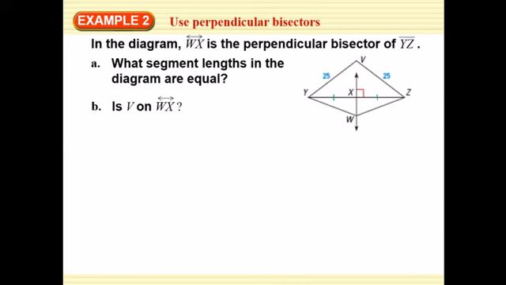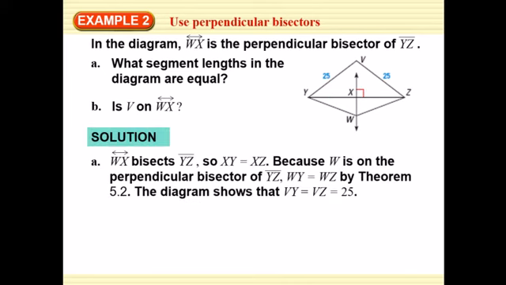So I've got some segment lengths that should be equal since I have a perpendicular bisector. WX bisects YZ, so we know that XY is congruent, or equal, to XZ. And because W is given to us, since W is on the perpendicular bisector, we know that WY is also equidistant to the endpoints of the segment.